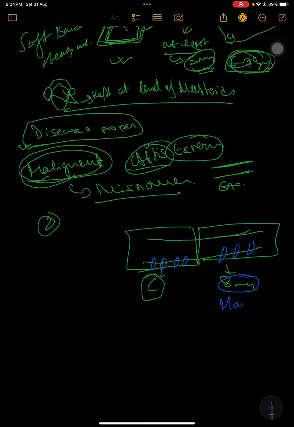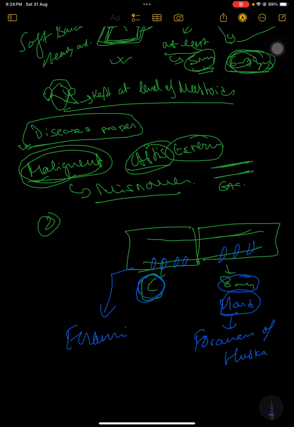Bones are hard, so from hard you can remember the foramen of Huschke, and from the cartilaginous part you need to remember the foramen of Santorini. Santorini means S for soft.